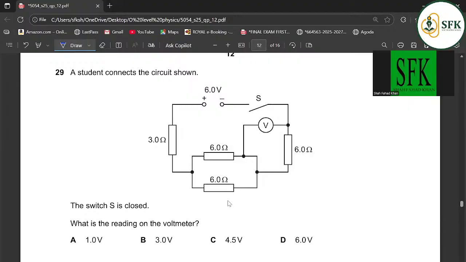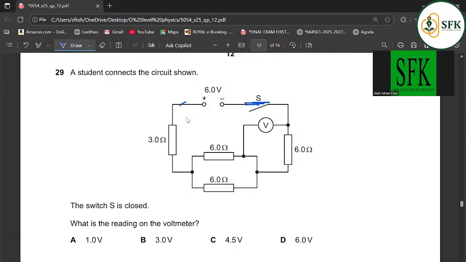A student connects a circuit as shown where switch S is closed. What is the reading on the voltmeter? If you close the switch, look at the voltmeter, what is it actually measuring? Just measuring the voltage across this one, isn't it? But across this entire thing.